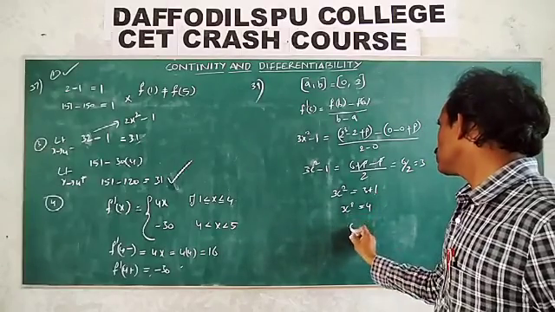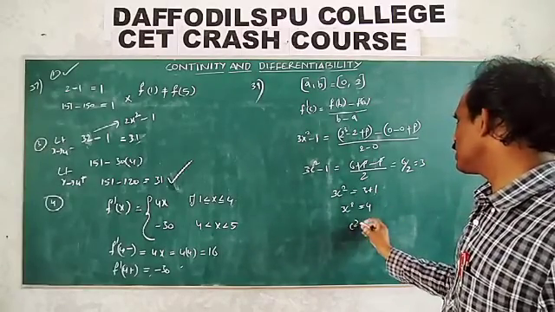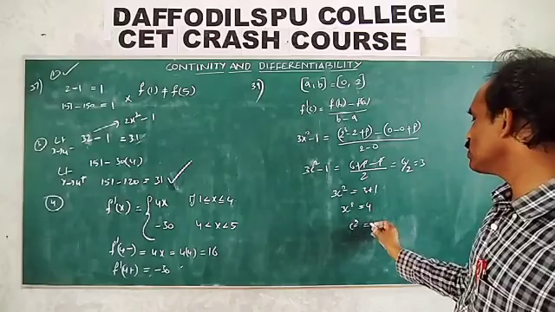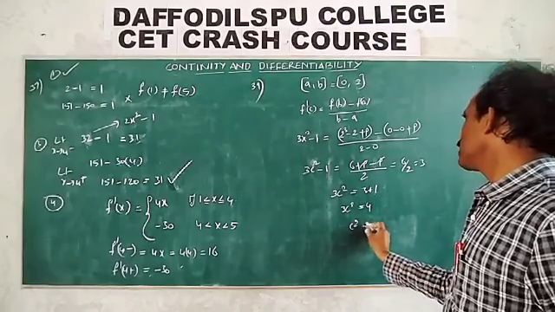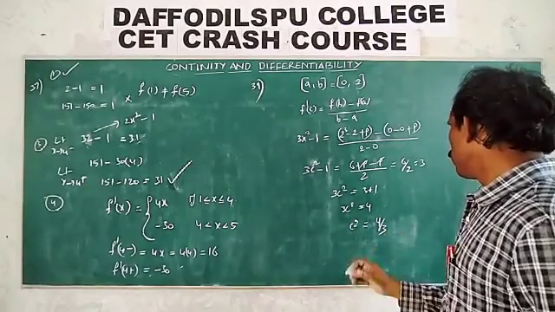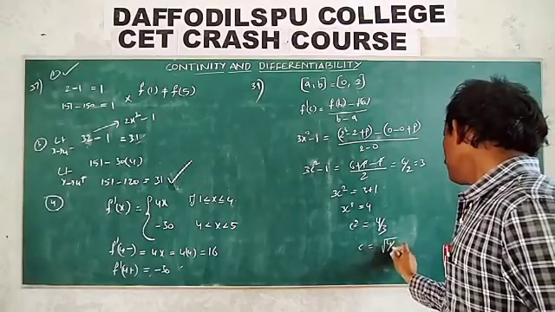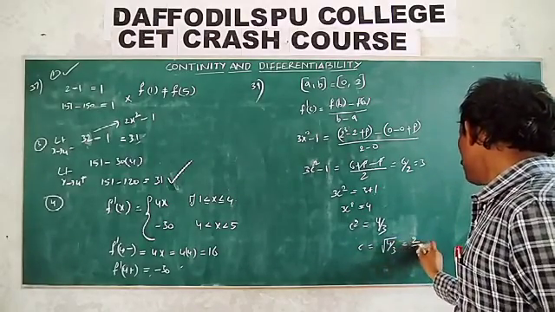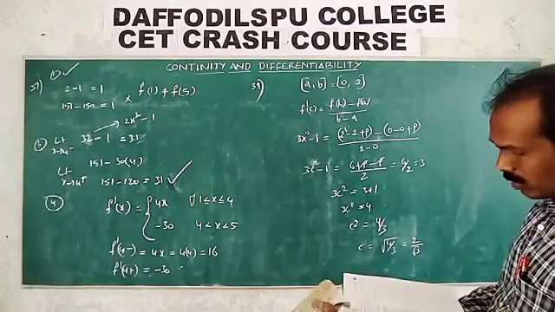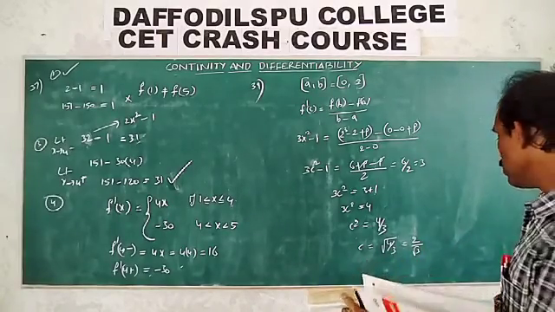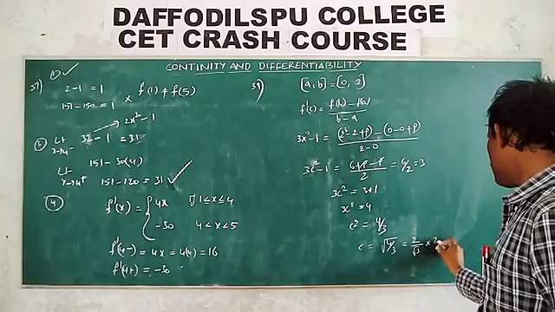3c square is 4, so c square is equal to 4 by 3. When shifting to this side, it is not addition, it is division. c is equal to plus or minus 2 by root 3. 2 by root 3 is not among the options, so rationalize.